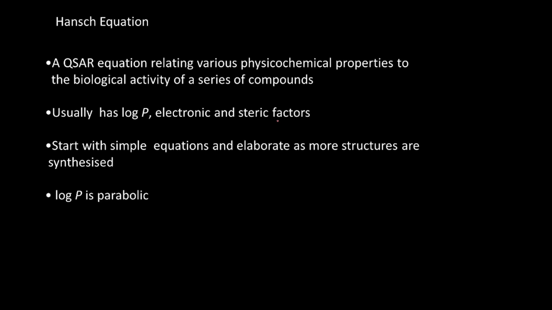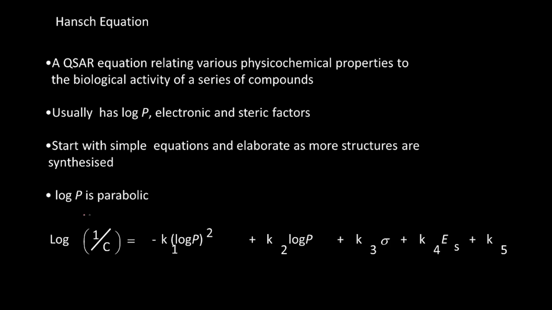We can have a QSAR activity on the left hand side, which may have terms related to electronic, steric and log P. So you start with a simple equation and you can elaborate it as more structures are synthesized. Log P, you can put as a parabolic relation like this. So log P squared, log P, electronic term, steric factor, and this is a constant. So that is a typical Hansch equation.